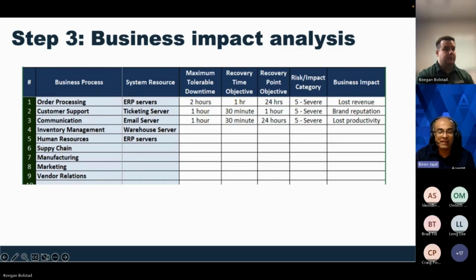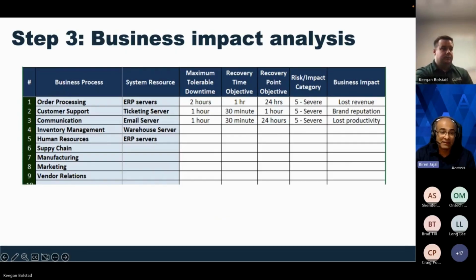So this is just taking that RPO, RTO, MTD, and mapping them to the different business processes. And there'll be different MTDs, RPOs, and RTOs for specific workloads, depending upon the process. And you may go through this process of understanding those business processes and categorizing them.